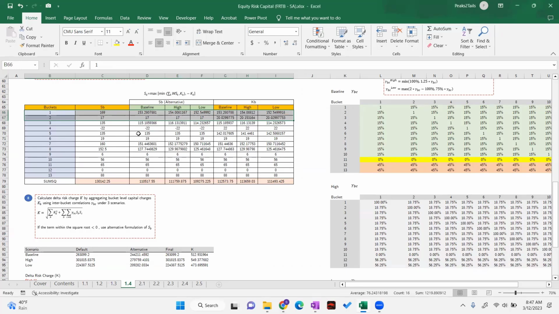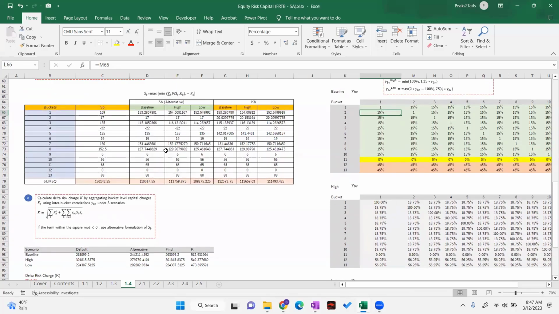That's what you'll do. Let me repeat it one more time. If we have only these two buckets, for baseline scenario, the total delta risk capital charge is 153 square plus 20 square plus 2 times 169 times 17 times 15%.